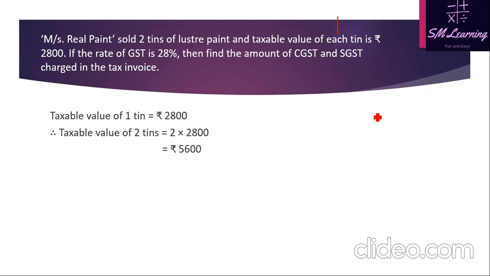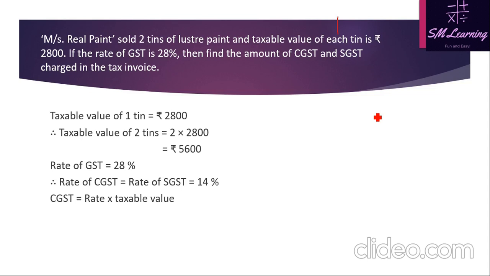Now, if the rate of GST is 28%, students, can you all guess what would be the rate of CGST and SGST? Yes, it would be half of 28%, which is 14%. Easy. Rate of CGST is how much? 14%. So 14% of taxable value.